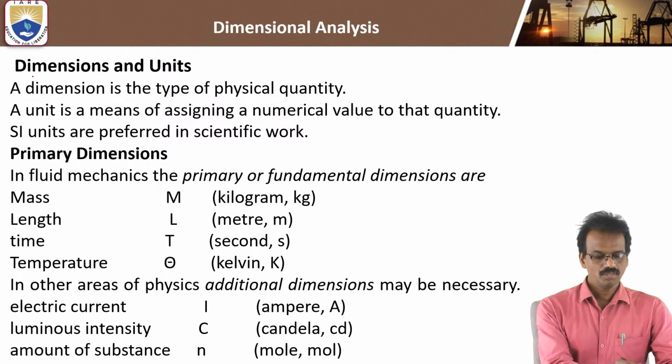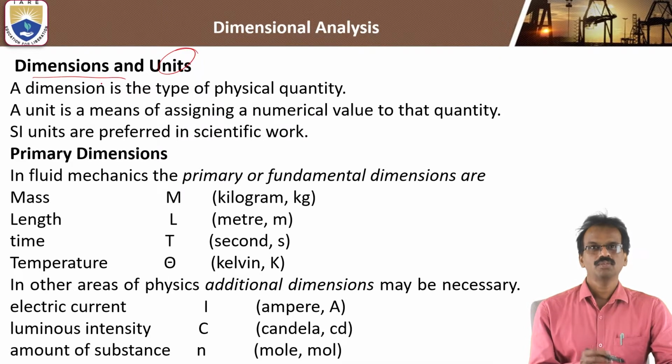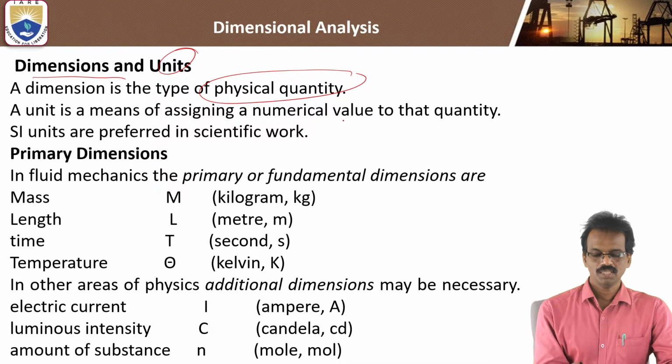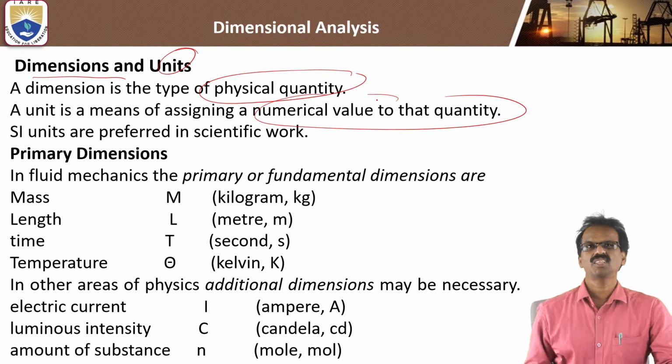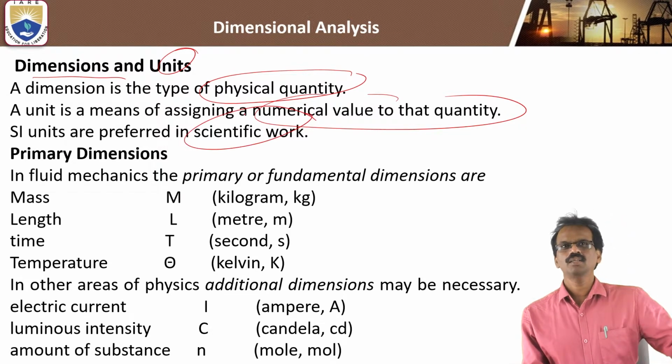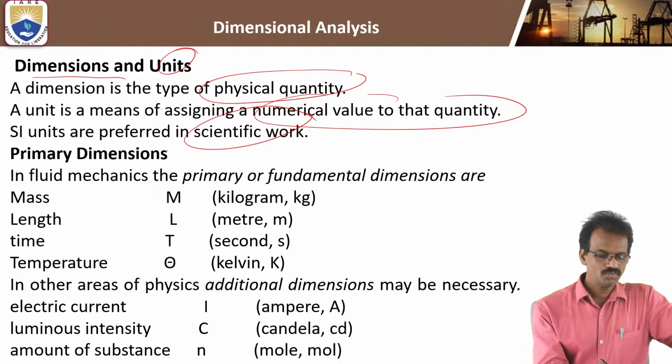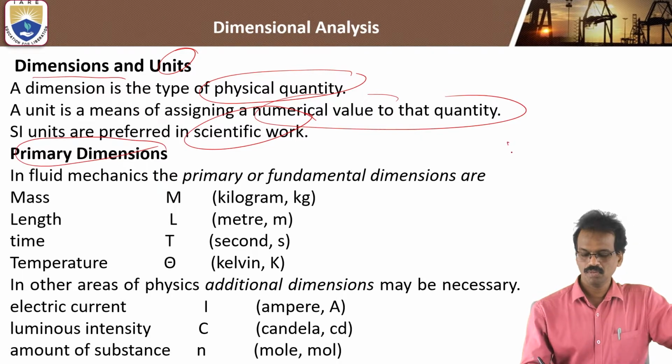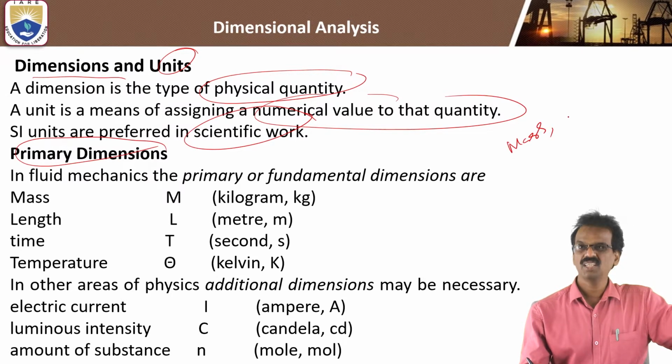You know dimensions and units. A dimension is the type of physical quantity. Unit means assigning a numerical value to that quantity. SI units are mainly preferred for this work. Primary dimensions are mass, length, time, and temperature.